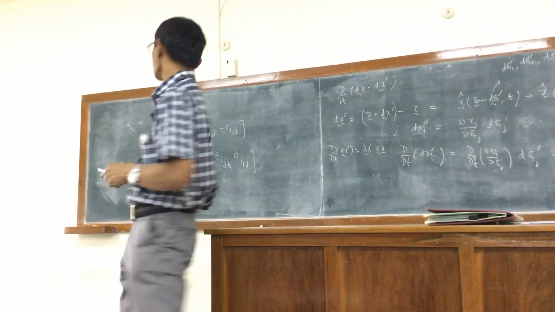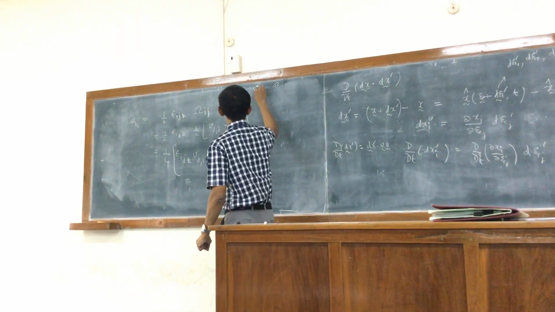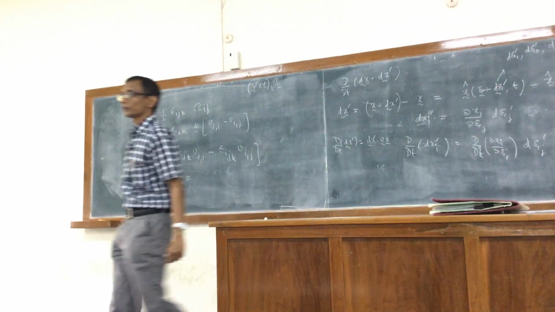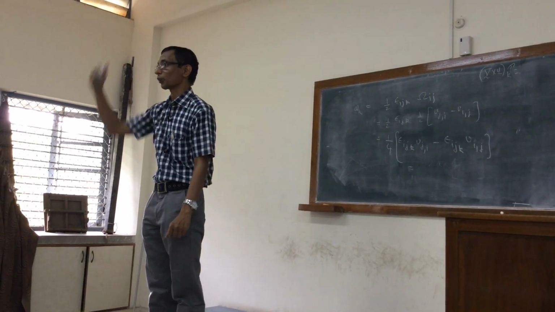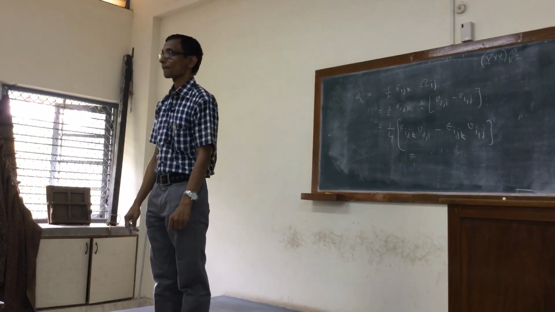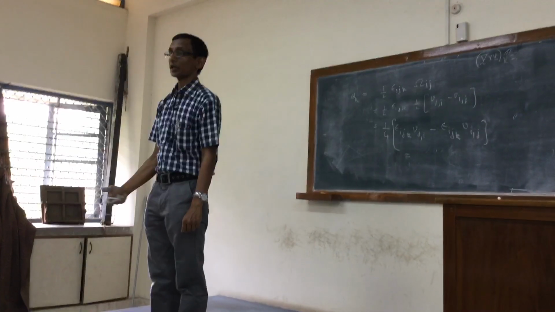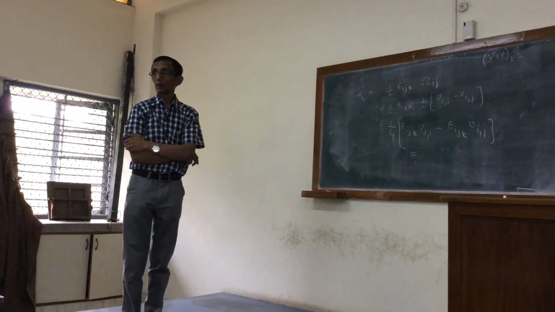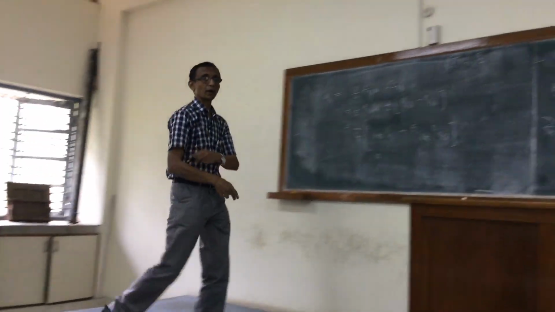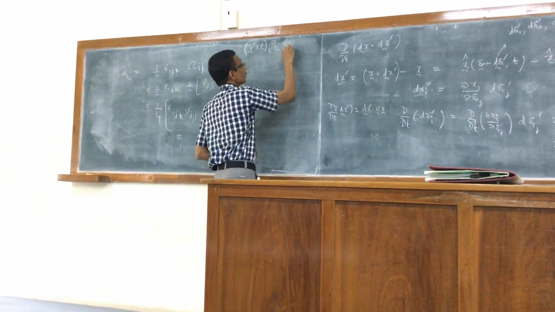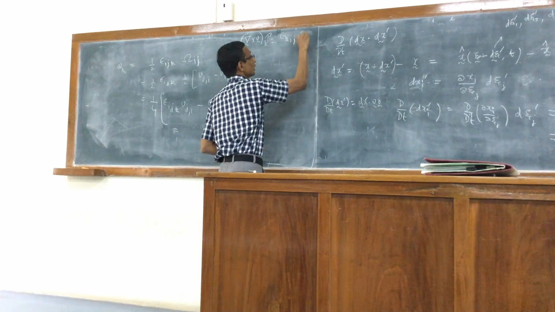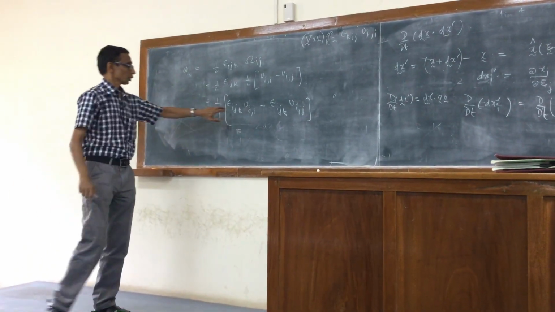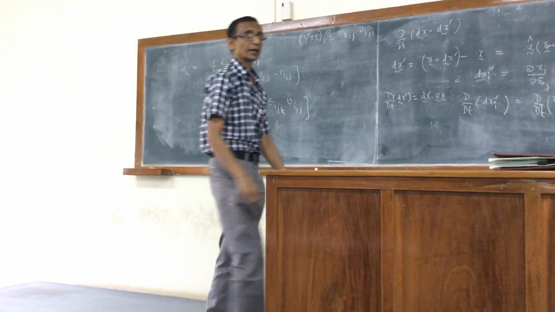So what can you say about the kth component of the curl of vector v? Can someone read it out from the formula table? It is epsilon kij vj comma i. Now how would you bring this into that form? That is the question.